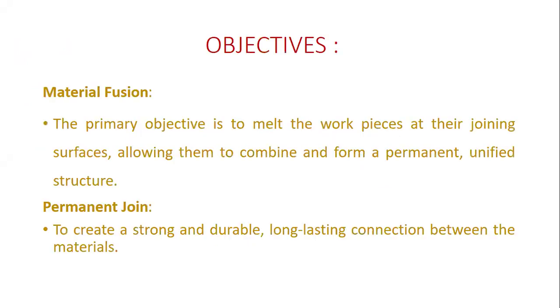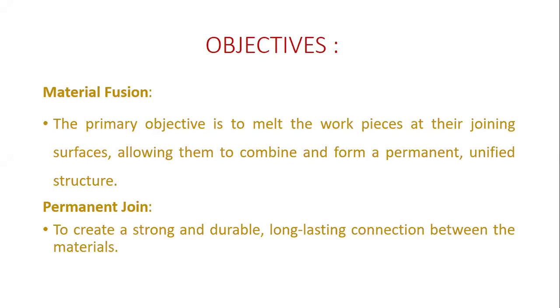Let us see the course outline, the topic outline. The main primary objective of welding is to melt the given workpiece material at their connecting surfaces, allowing them to uniformly combine together in order to form a permanent, long-lasting structure.